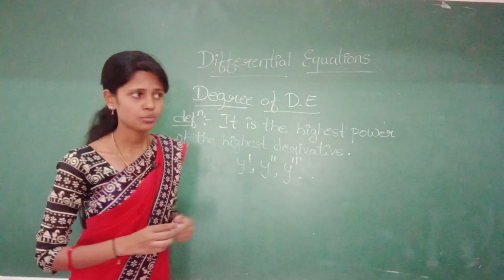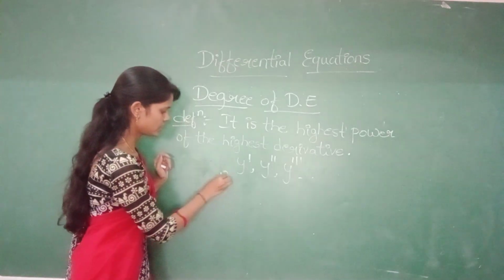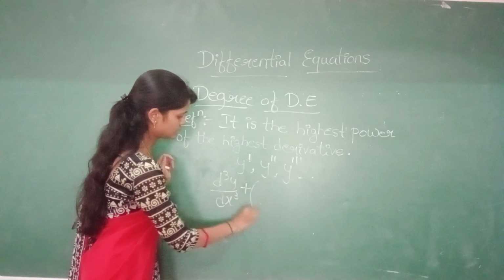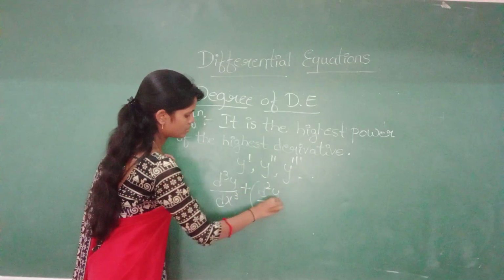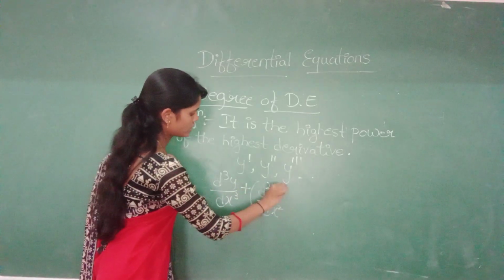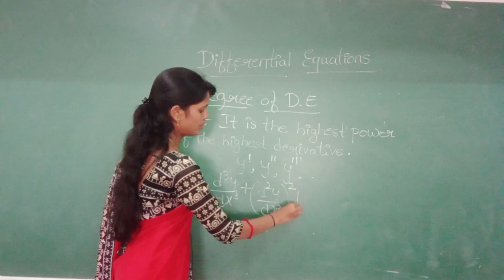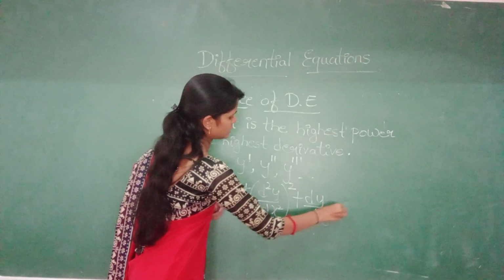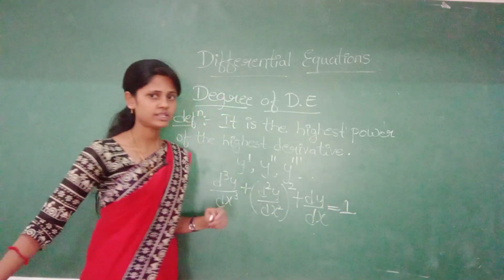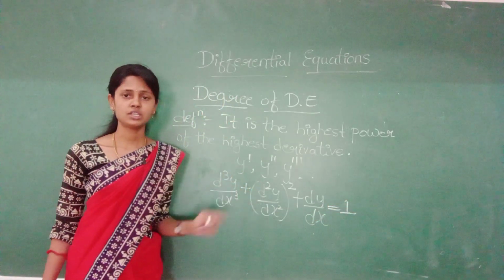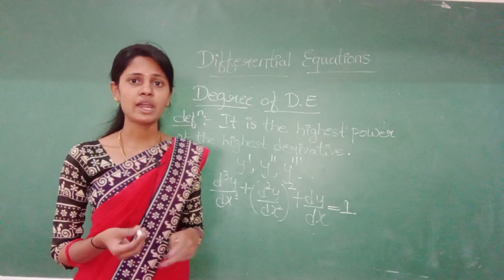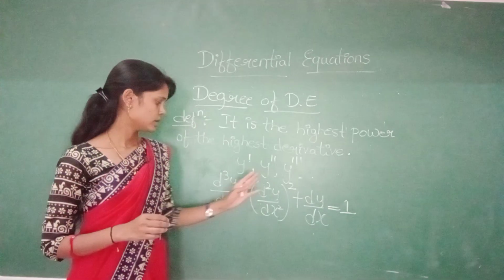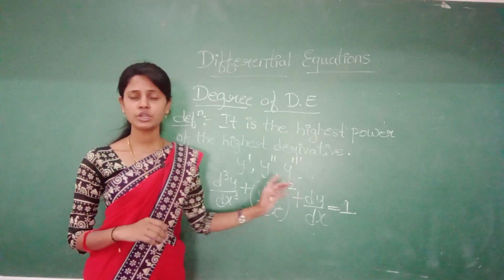For example, suppose we have d cube y by dx cube plus d square y by dx square whole square plus dy by dx is equal to 1. If we have this equation and we want to write the degree of the differential equation, so this is a polynomial differential equation.